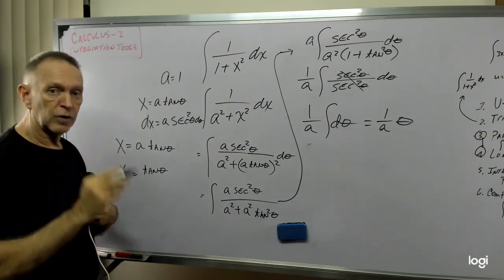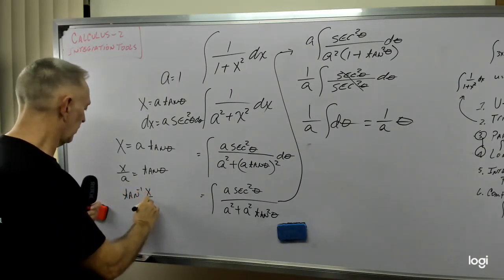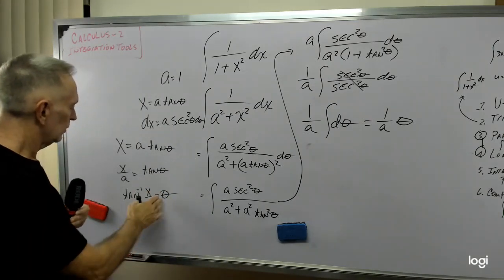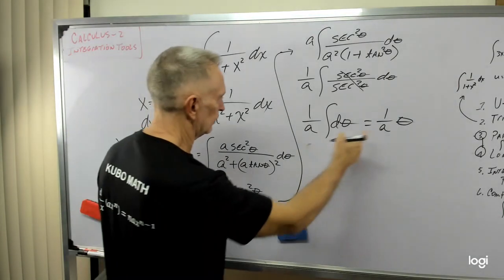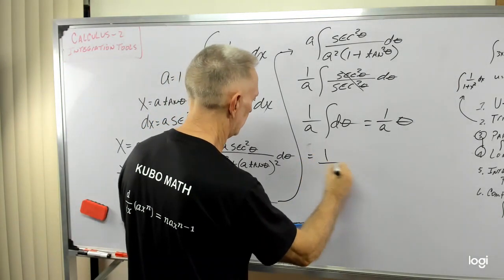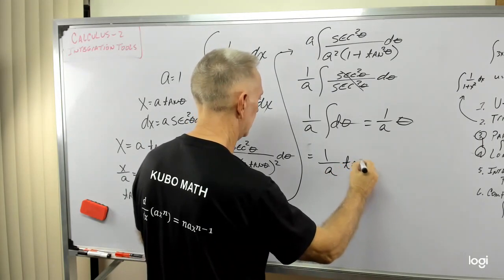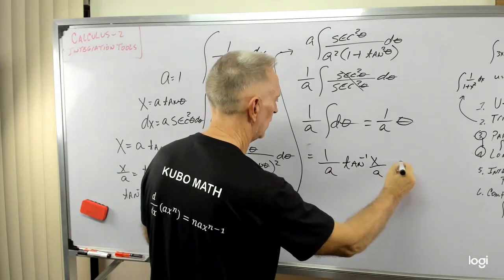And you know from your trig work that the tangent inverse of x over a equals theta. So the result of all of this is 1 over a tangent inverse x over a plus c.